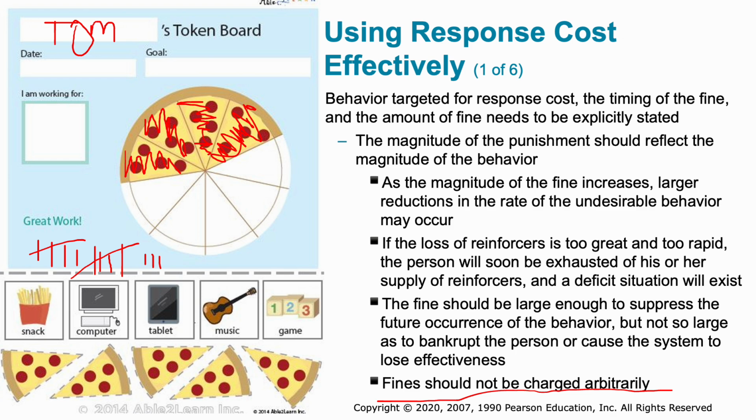No, it needs to be something consistent, and you also need to remove the emotion from it. That's why having a specific protocol already in place that's delineating exactly how many tokens you should remove contingent on what behavior or the severity of each behavior is going to help you remain objective when you are implementing your response cost procedure, or it's going to help other people remain objective when they're implementing the response cost procedure.